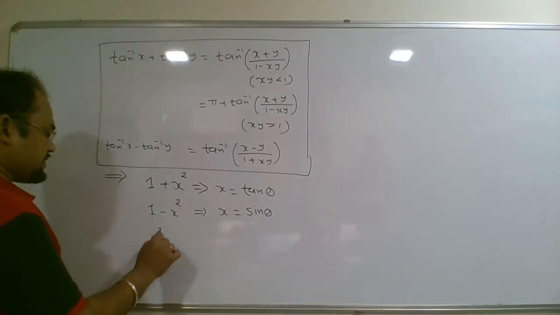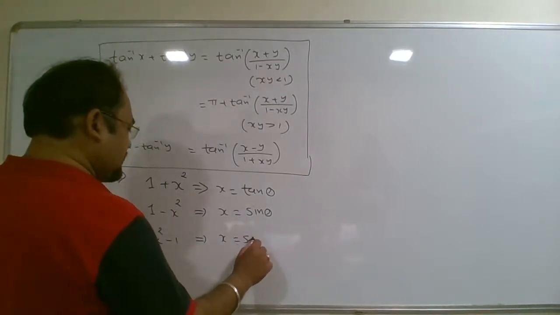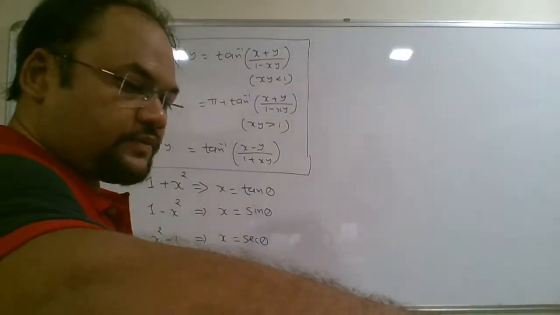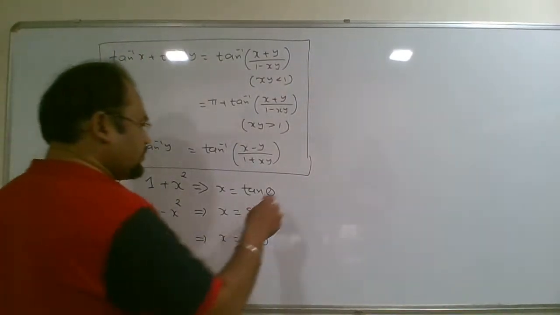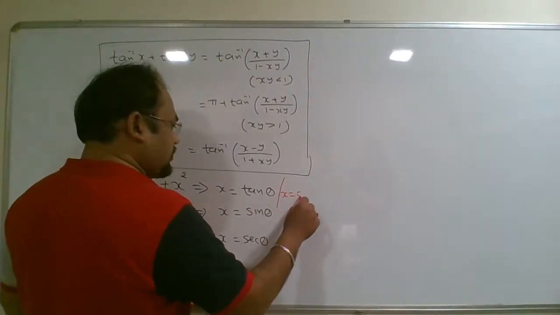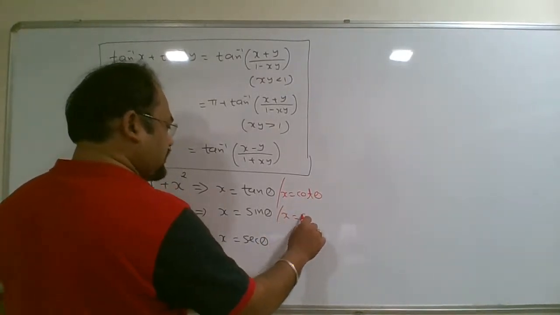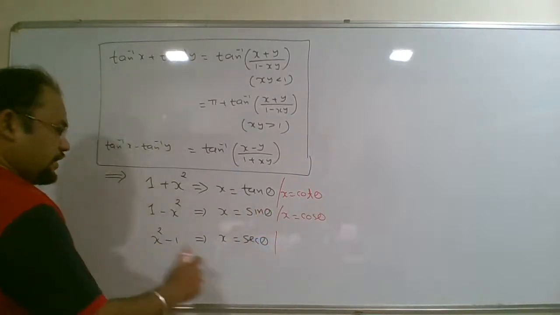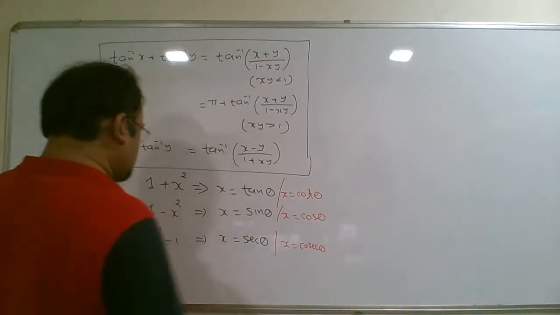And if we have x square minus 1 form, then suppose x equal to sec theta. Or we can assume x equal to cot also, x equal to cos theta also, and x equal to cosec theta also.